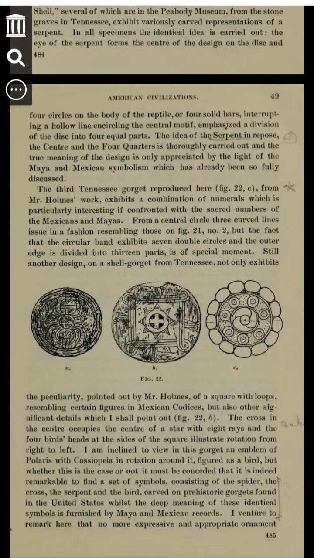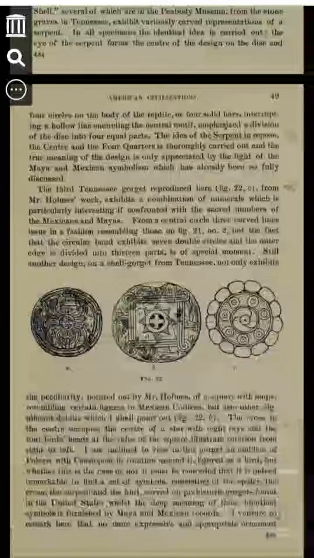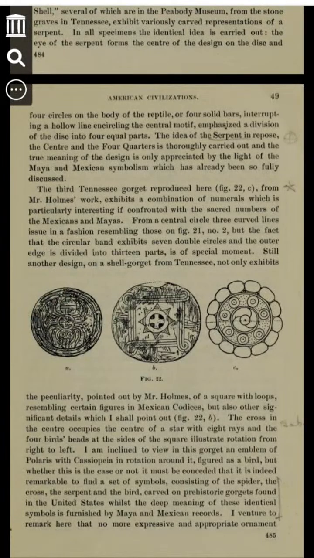It figured as a bird, but whether this was the case or not, it must be conceded that it is indeed remarkable to find a set of symbols consisting of the spider, the cross, the serpent, and the bird carved on prehistoric gorgets found in the United States, whilst the deep meaning of these identical symbols is furnished by Maya and Mexican records.